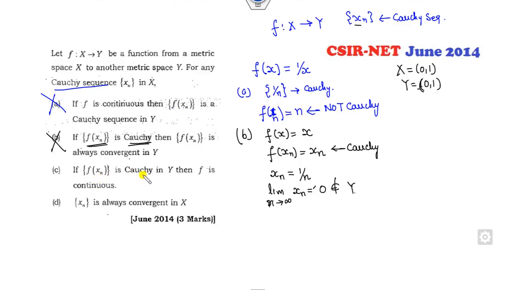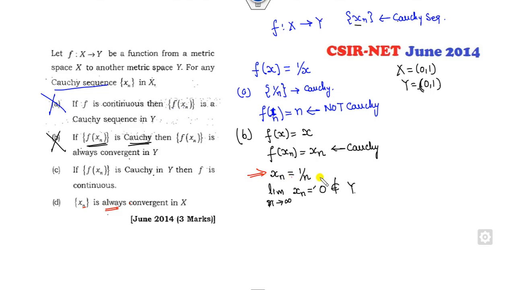If F of Xn is Cauchy in Y, then F is my continuous. Can you think about any function which is discontinuous but still has a Cauchy sequence? Can you think about any discontinuous? Oh, there is no... okay, look at that, Xn is always convergent.